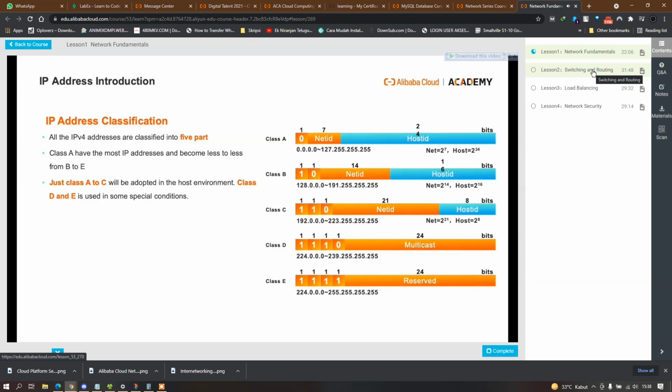Another thing we should know is that just class A, B, and C can be used in the host environment, which means you can only configure an IP address in class A, B, or C on your own host or virtual machine. You cannot use IP addresses in class D and E, because these two classes have been reserved for special conditions, like multicast or some other special environment. So this is what the IP address classification is.